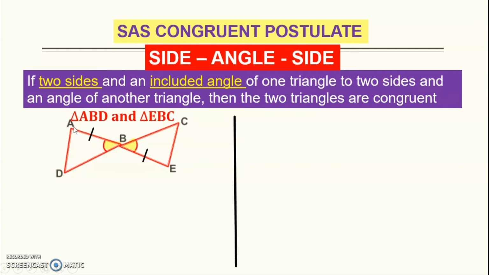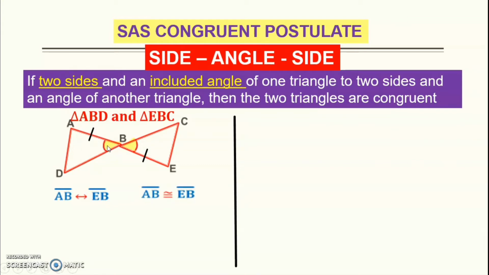Katulad nito, si side AB, congruent to side EB. So, imamark natin siya as first side natin. Side AB corresponds to side EB. So, they are congruent.